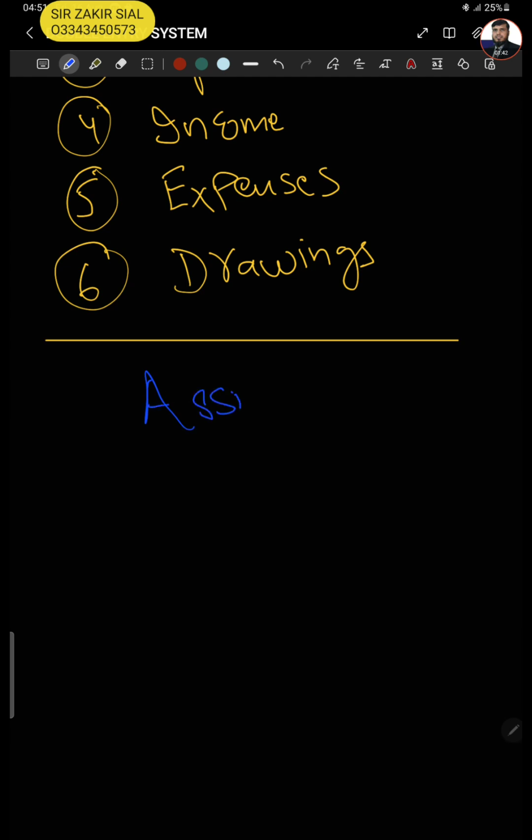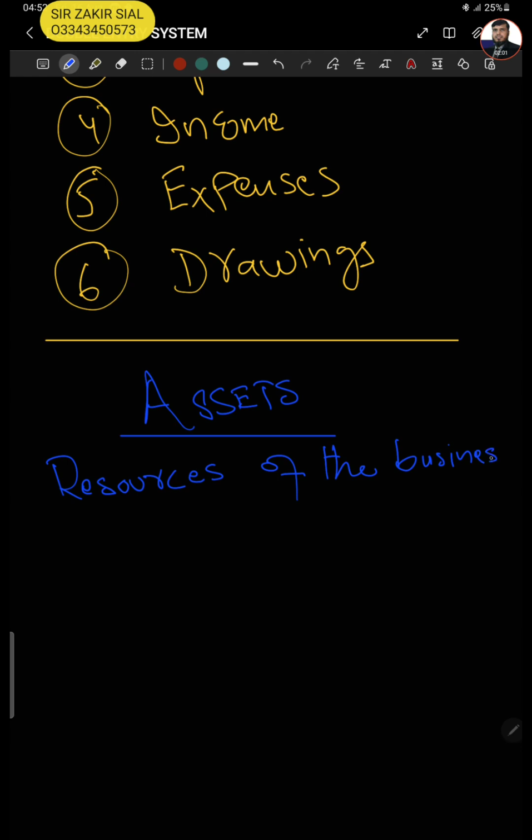Assets are resources of the business. For further detail, theoretical notes are available.